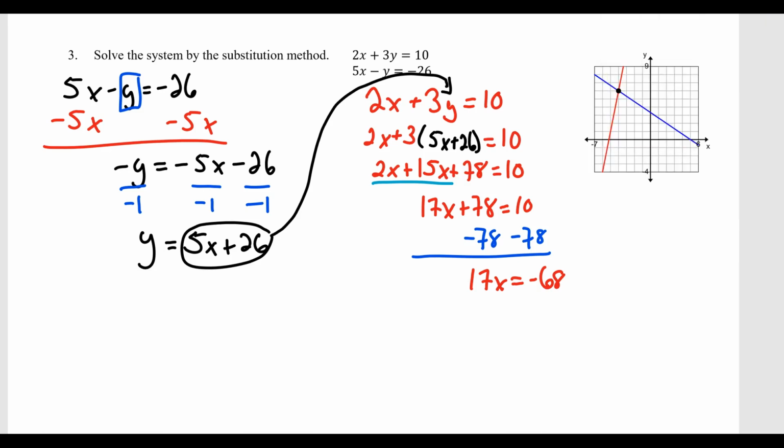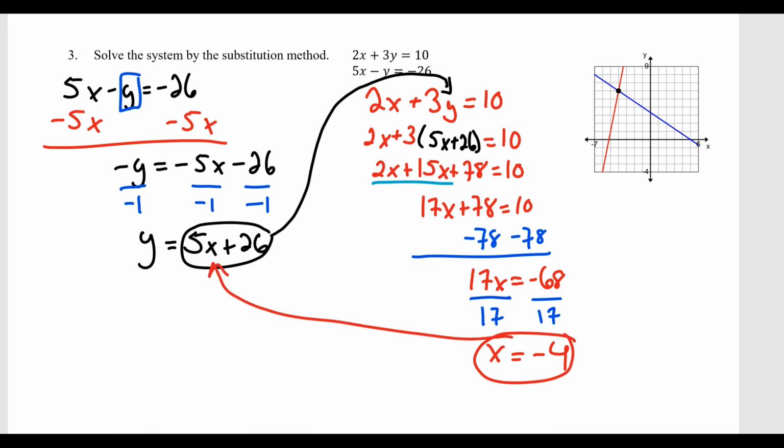Now I'm going to divide both sides by 17, leaving me with x is equal to negative 4. I now have negative 4, which if you notice, 1, 2, 3, 4, negative 4, yep, that's correct on my x-axis. So now I have to plug this in for the x over here.